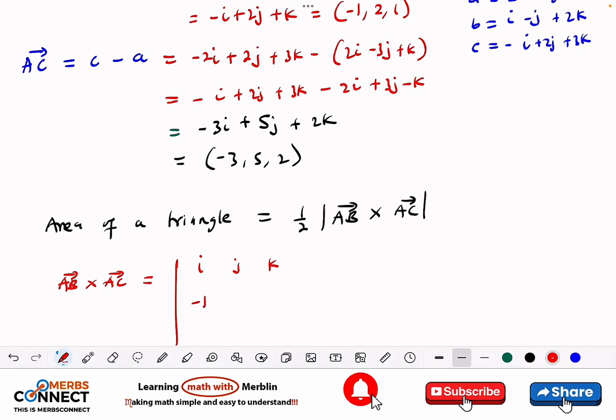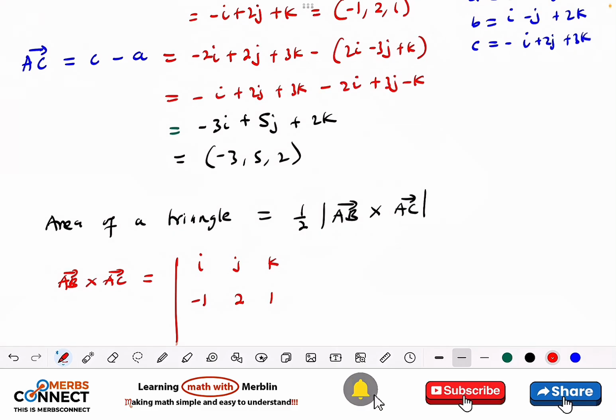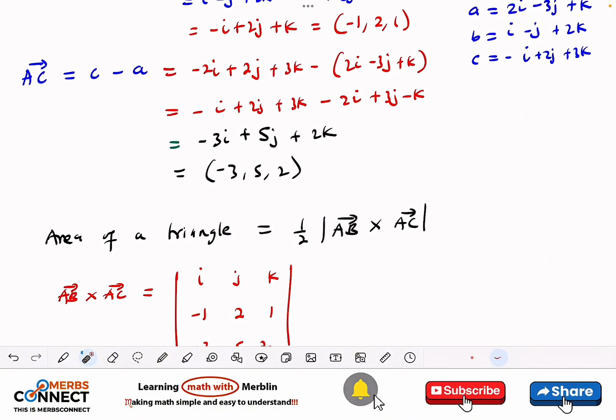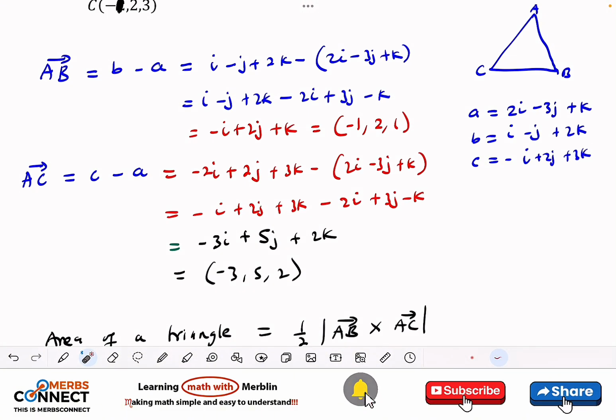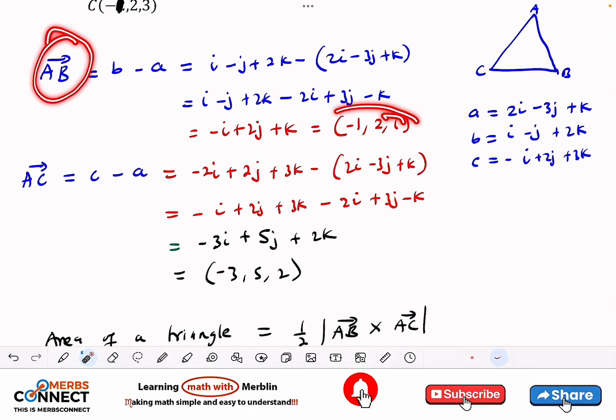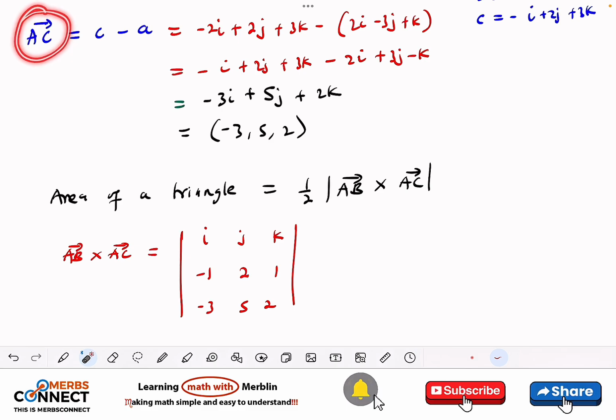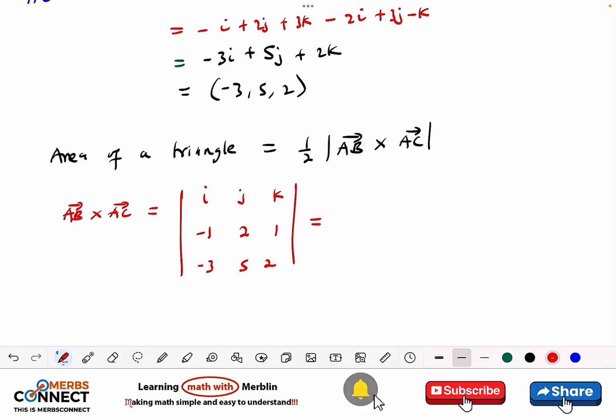So -1, 2, 1, and then -3, 5, 2. I'm using this coordinate here, which is AB, right? So AB is -1, 2, 1, and then AC is -2, 5, and 2, which I have here.